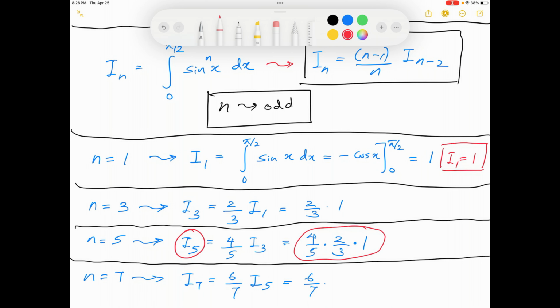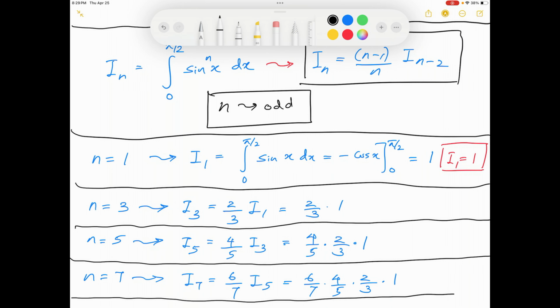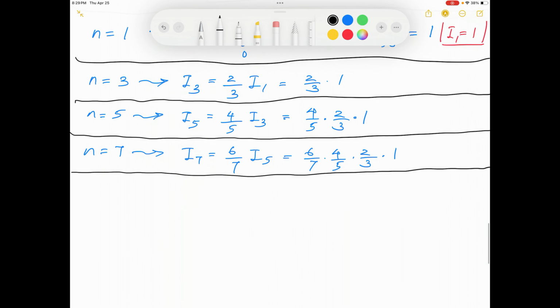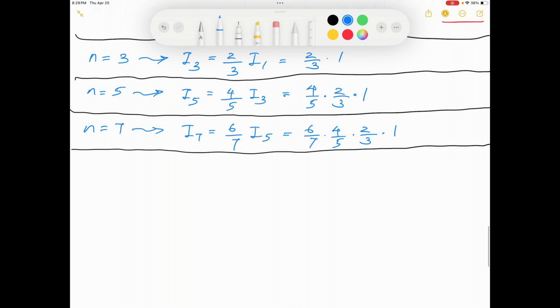I sub 5 was found in the previous step as equal to all of that. So I'm going to use those: 6/7 times 4/5 times 2/3 times 1. At this point, the human mind can quite easily understand this sequence.